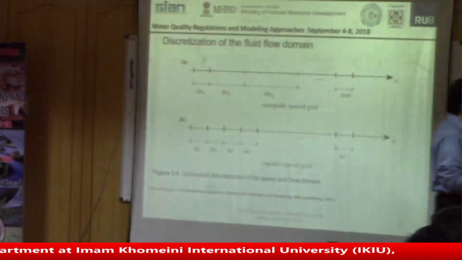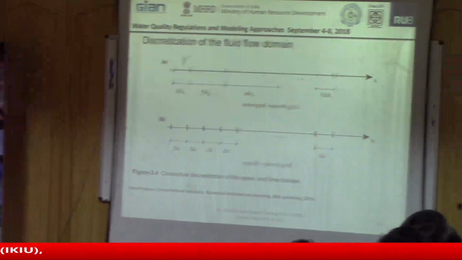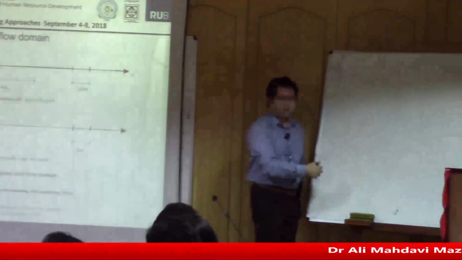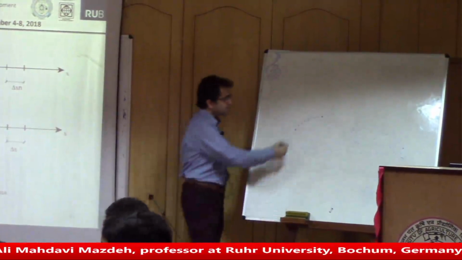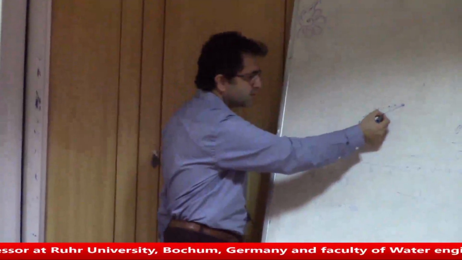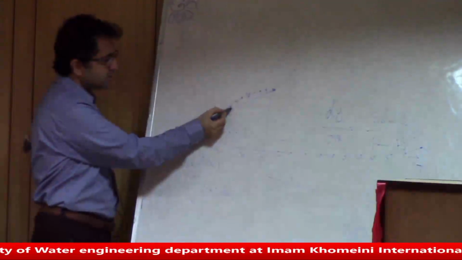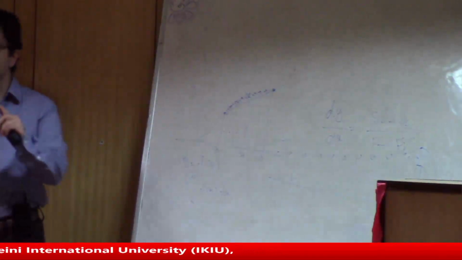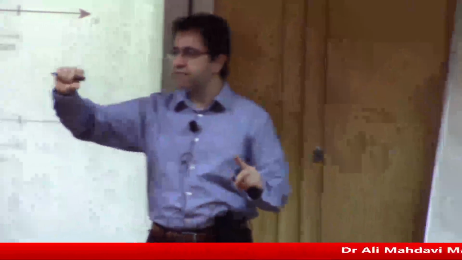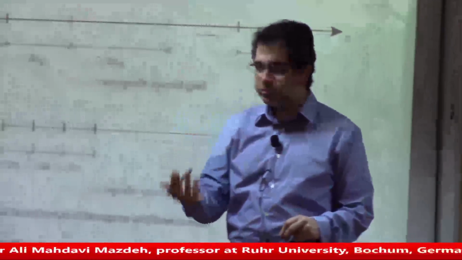For example, if you consider only 2 points, this point and this point, and consider this as a trapezoid, then your error would be this, because you don't consider this part. You will have error. So if you make your distance so big, you cannot calculate the integral precisely.